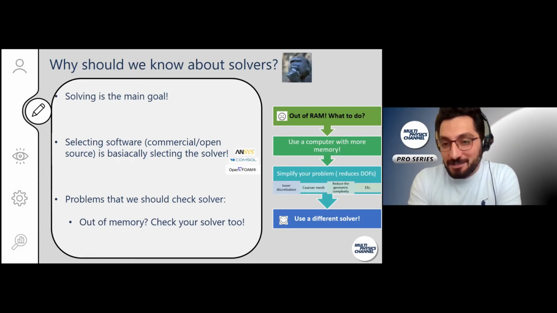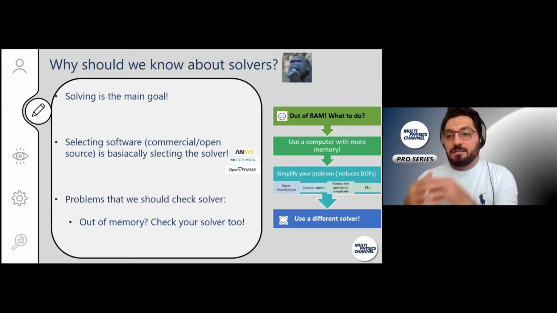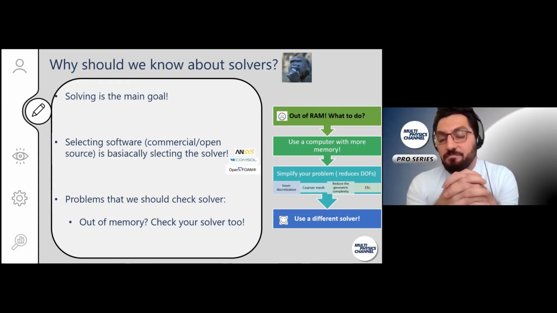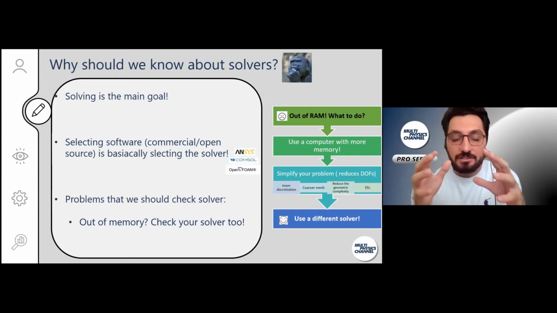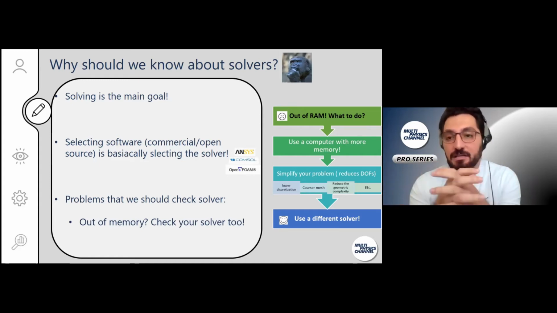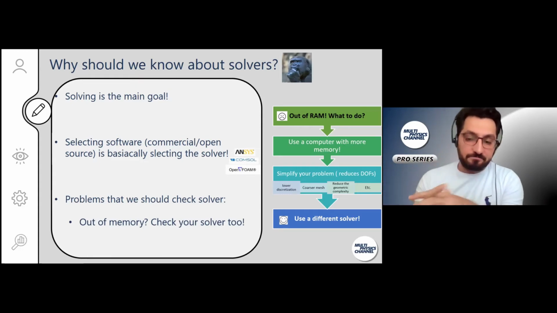But if that's not an option for you, maybe it's easier to go for simplification. You can simplify your problem, reduce the degrees of freedom, by which I mean lower the discretization, go for a coarser mesh, reduce the geometry complexity, et cetera. But then you can also look at the solver. We will see in this session how choosing a solver can impact the RAM occupation.